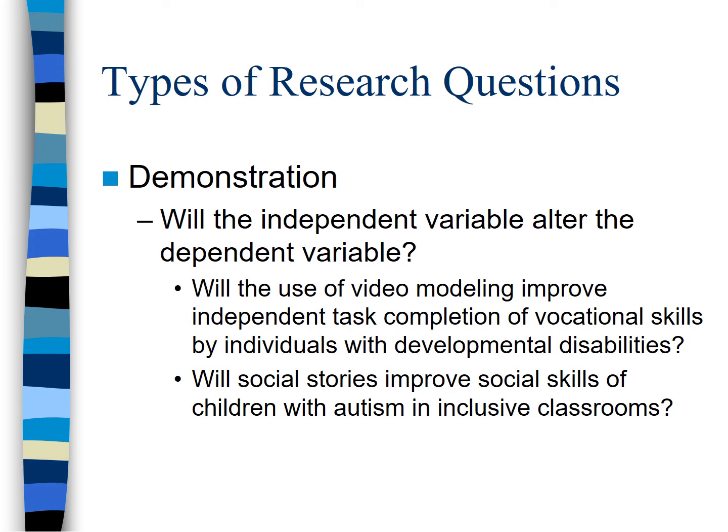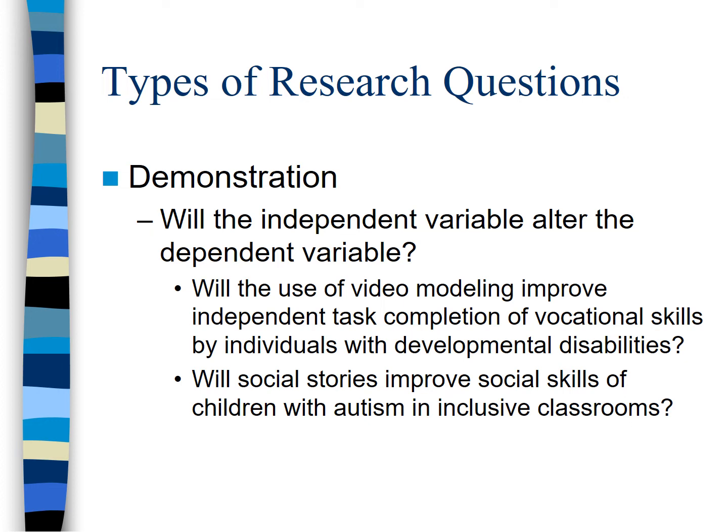There are different types of research questions. So as you come up with a question, I want you to decide which type it is. Demonstration questions are typically used if something's early in the field, if a study is early. In other words, this is something there hasn't been a lot of research in.